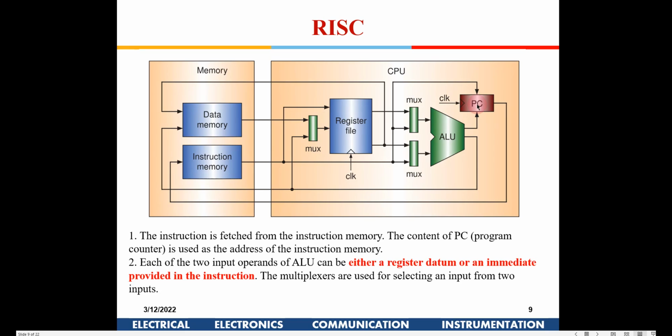It will fetch the program from the memory and keep executing it, and the counter will keep increasing, telling what the next line to be executed is. So this keeps track of where the program is currently running. This is the overall rough block diagram of a RISC processor.